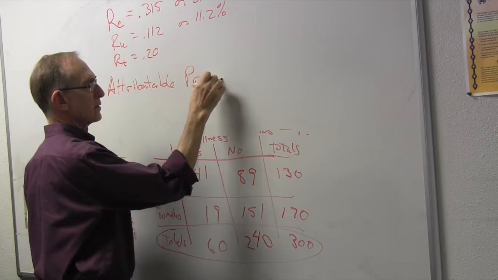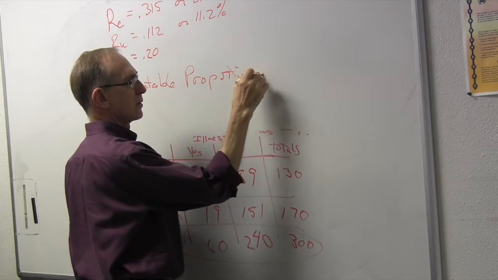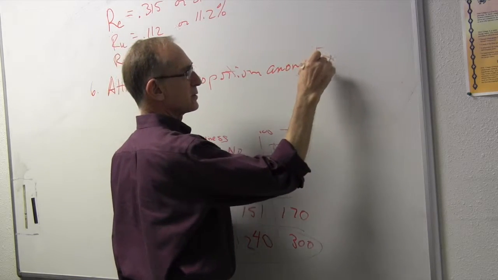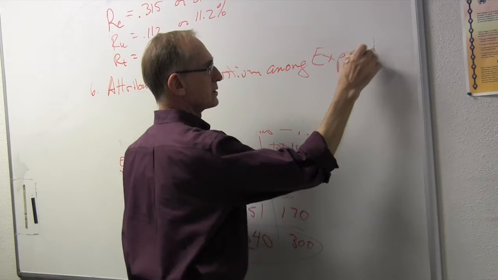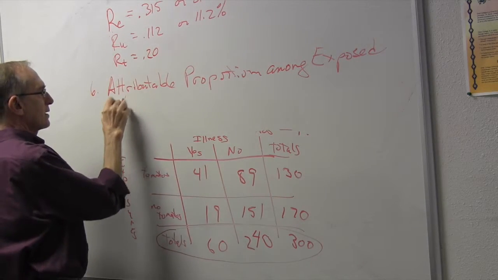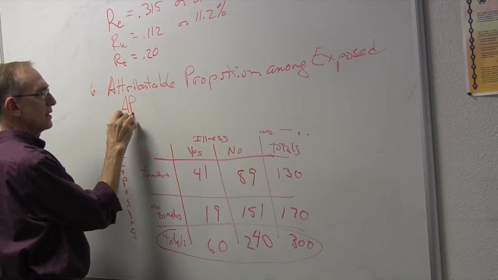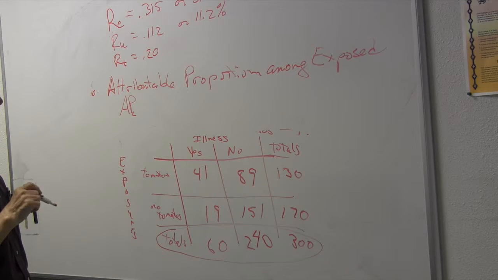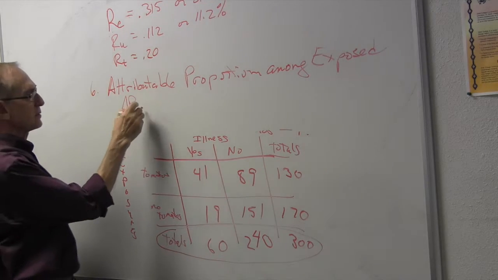proportion among the exposed. We abbreviate that capital A, capital P, with subscript E for exposed.